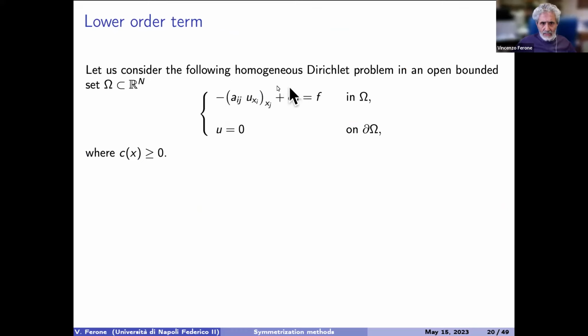So I would like to say something about this kind of operator where c is greater or equal than 0. So I take a coefficient here which is greater or equal than 0.